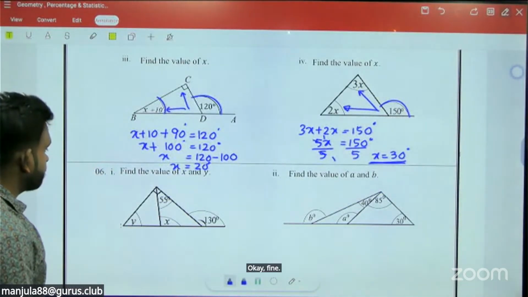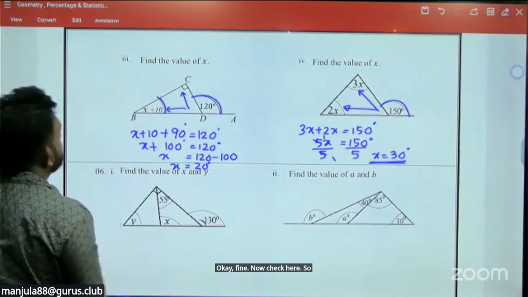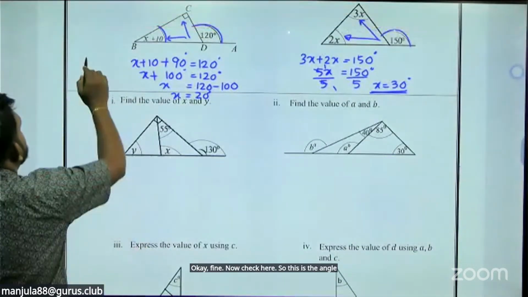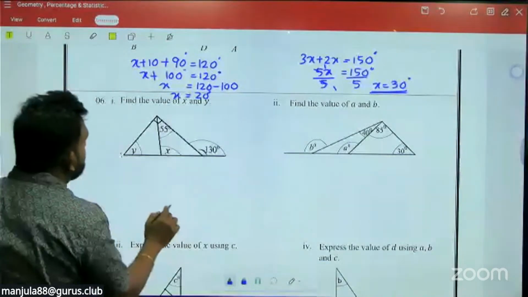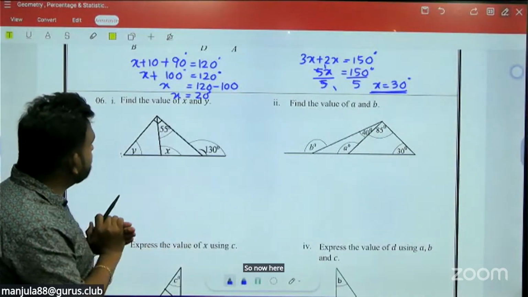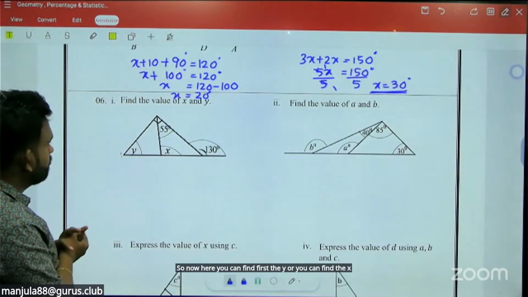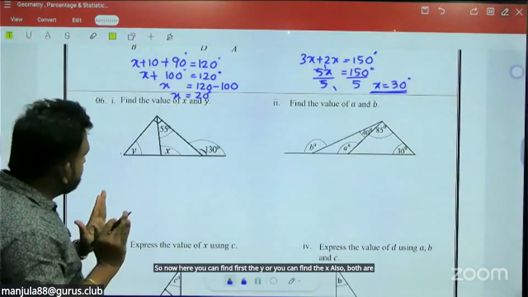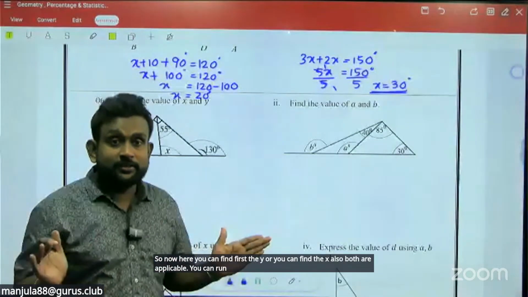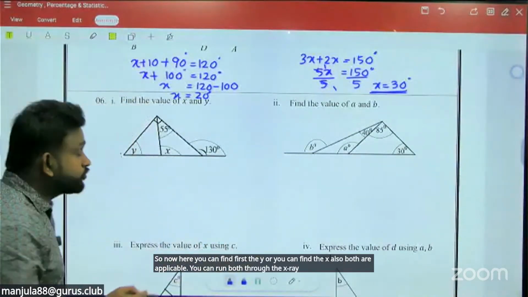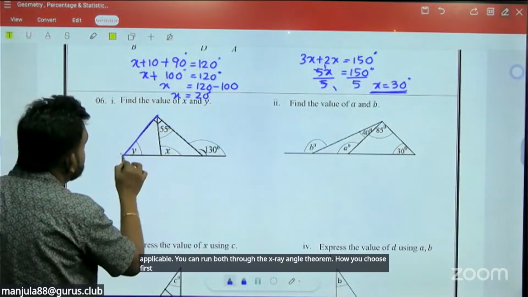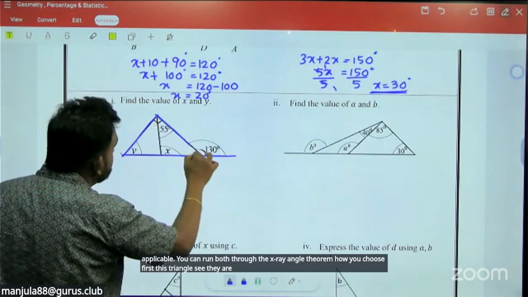Now check here. So this is the angle. Here you can find first the y, or you can find the x. Both are applicable. You can run both through the exterior angle theorem. How? You choose this triangle first.